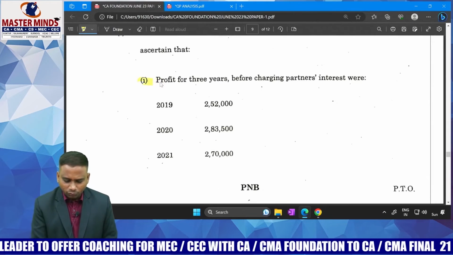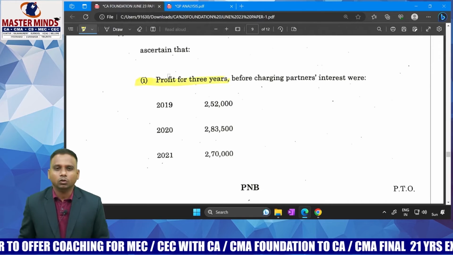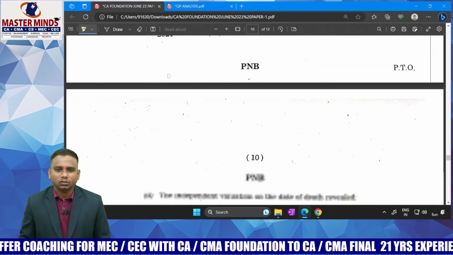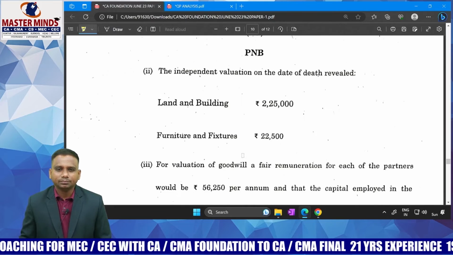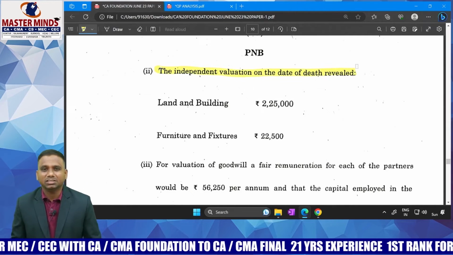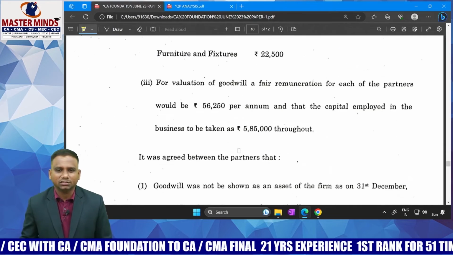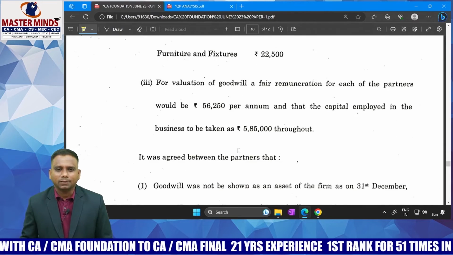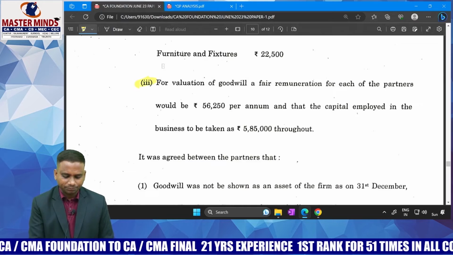And what is this information for? For calculation of goodwill. Next one. This is an independent valuation on the date of death. That means revaluation of assets and liabilities. Next, look at it, this is also for goodwill purposes.